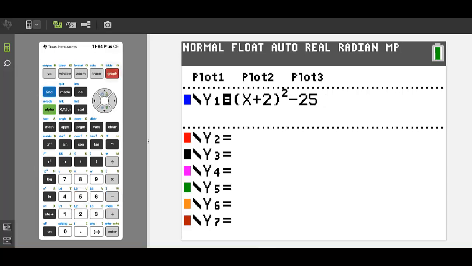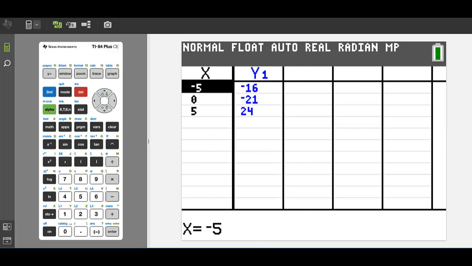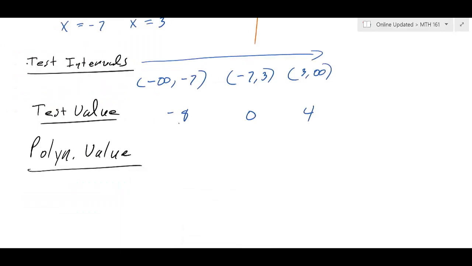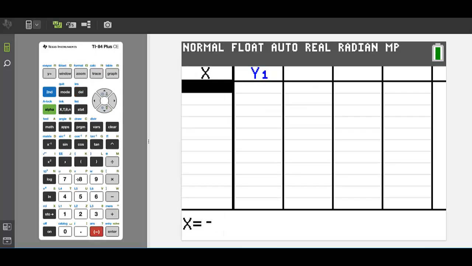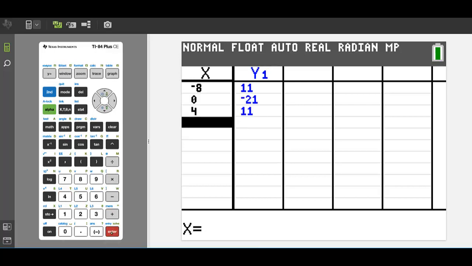So if I go to the table, and I'm just going to simply hit delete to clear out the other values, and we want to type in negative 8, 0, and 4. So negative 8, 0, and 4. We get positive 11, negative 21, and a positive 11.